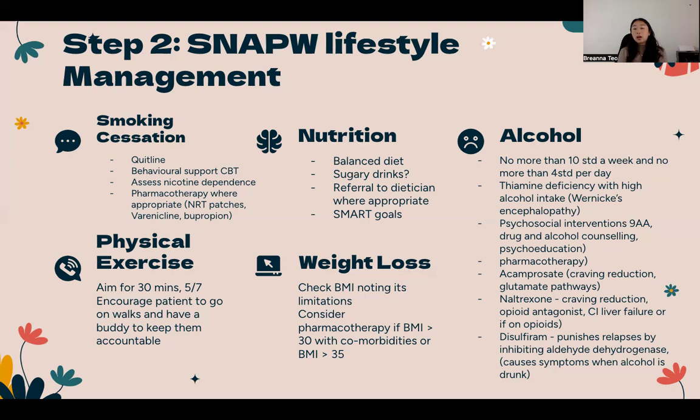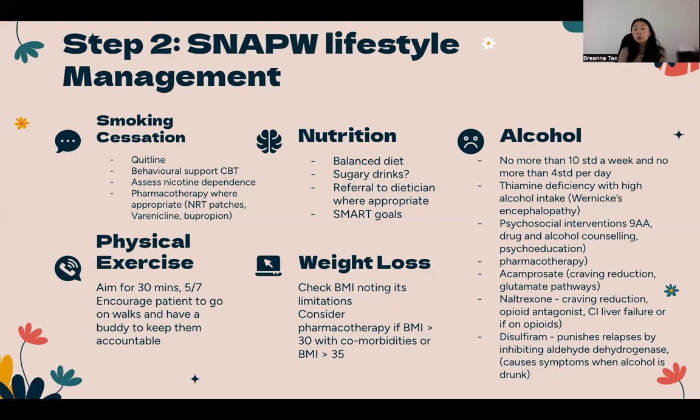There's a high risk of thiamine deficiency with high alcohol intake, and we know that's linked to Wernicke's and Korsakoff's encephalopathies. In terms of what we can offer: AA, drug and alcohol counselling and education. We can also suggest some pharmacotherapy, so things like acamprosate, naltrexone, and disulfiram.